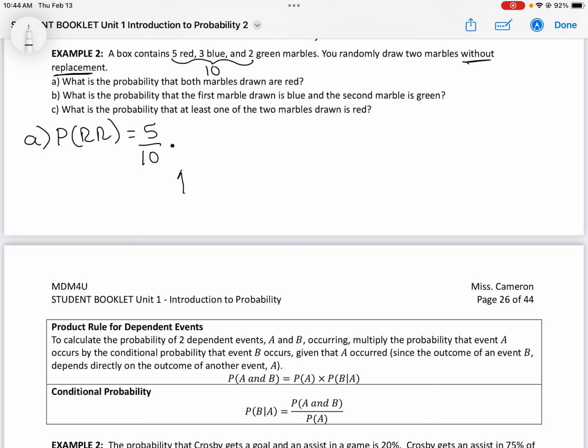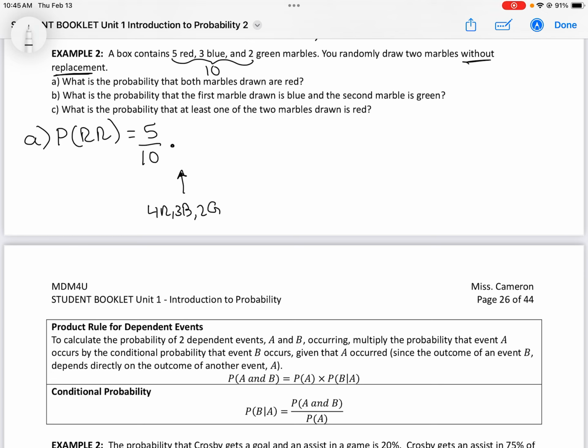The issue is with the second draw, we now have gotten rid of one of the red marbles. So instead of having 5 red, 3 blue, 2 green, we now actually have 4 red, 3 blue, and 2 green. That's what we have left.